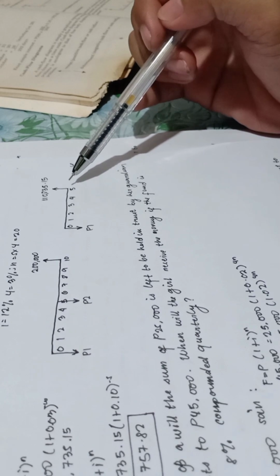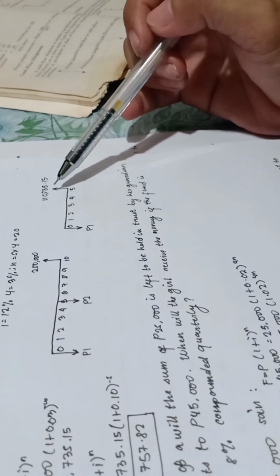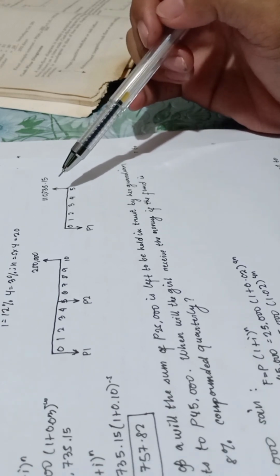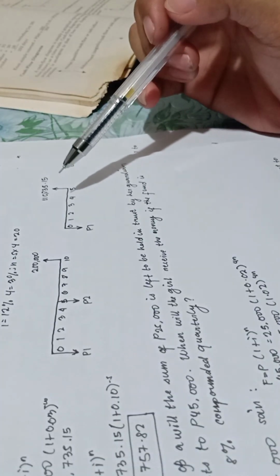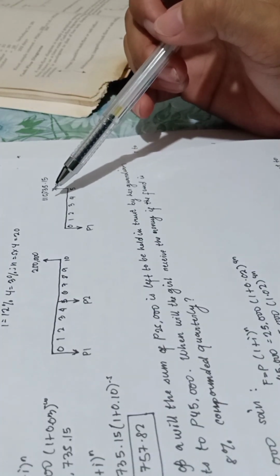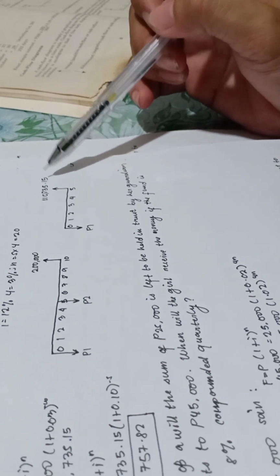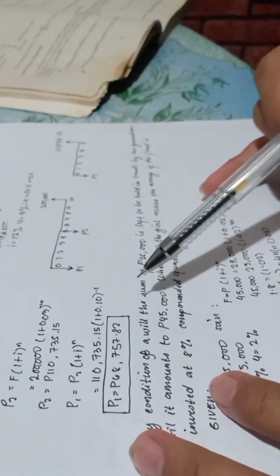Then after 5 years, our positive cash flow, or cash inflow, is 110,735.15. So here, as you can see in the solution.